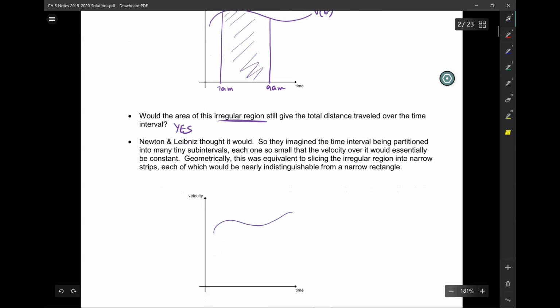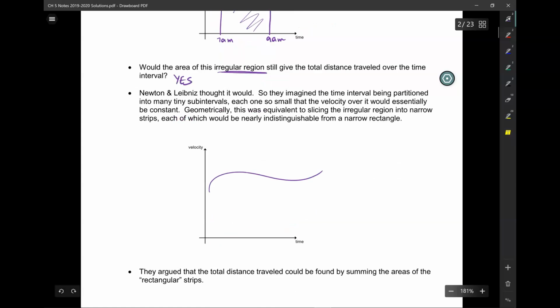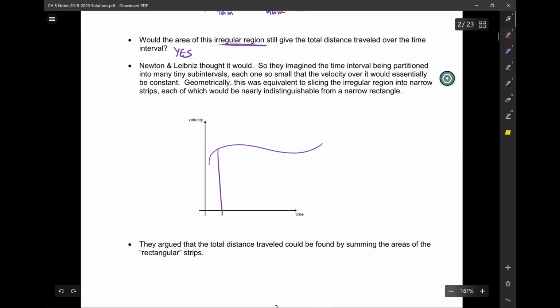So if I get that same curve up there, I could draw it so that there were tiny, tiny little rectangles here.